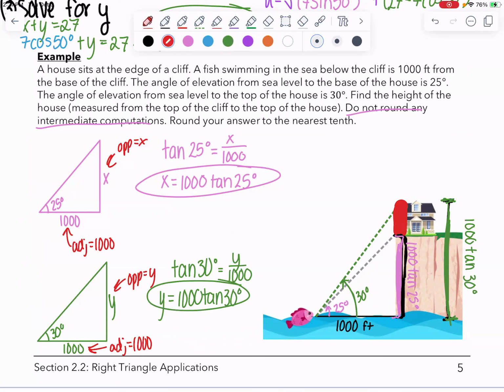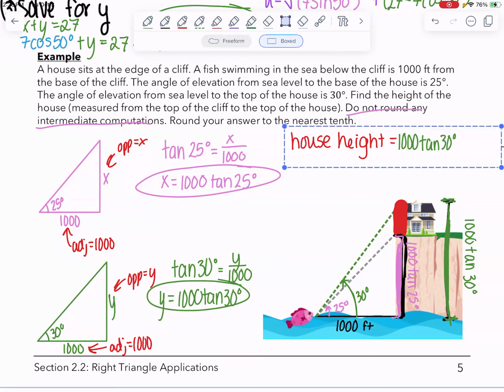So the distance we're looking for is the distance between the two of those numbers. So the house height is equal to 1,000 tan 30 degrees.